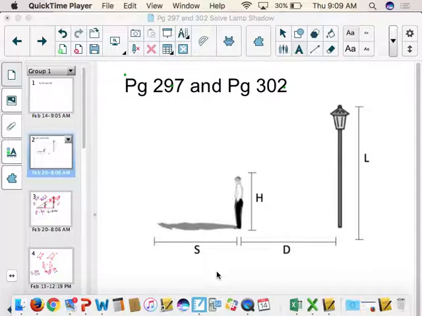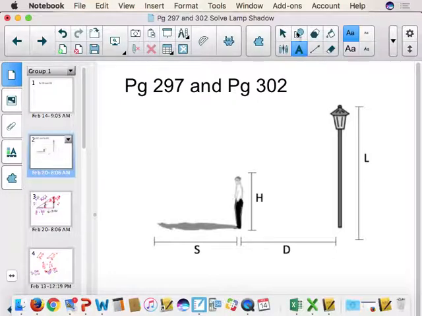How could we look at this diagram? And now we can see, especially after looking at the information we started today with overlapping triangles and indirect measurement, that we have triangles happening here.